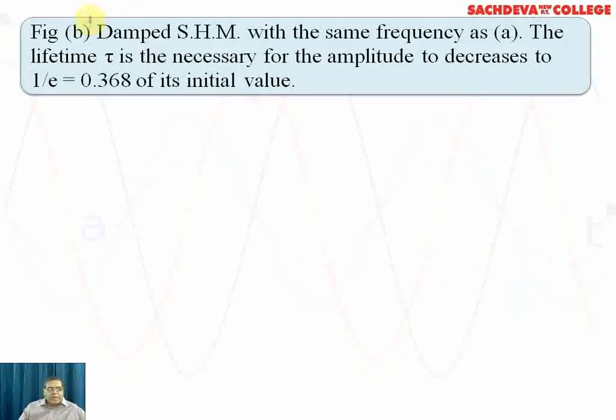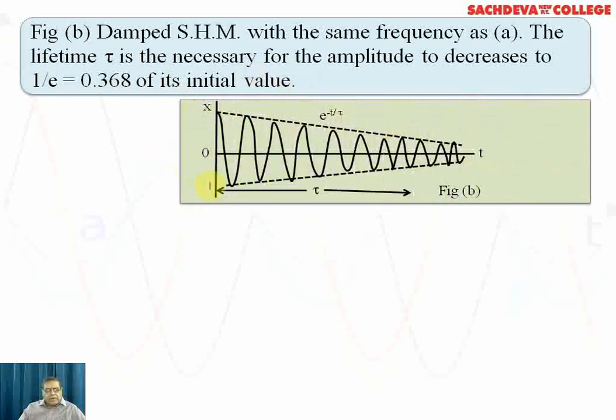But if it is continuously vibrating and does not come to rest, that will be undamped vibration. Now figure B: damped SHM with the same frequency as A. The lifetime tau is the time necessary for the amplitude to decrease to 1 over e, which is 0.368 of its initial value. This was described earlier in the previous concept. In the figure, the damped oscillations are indicated.